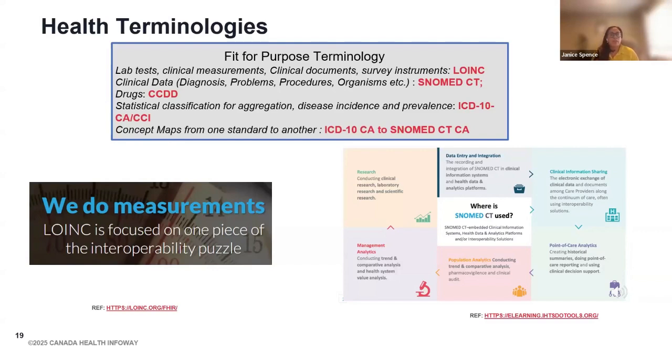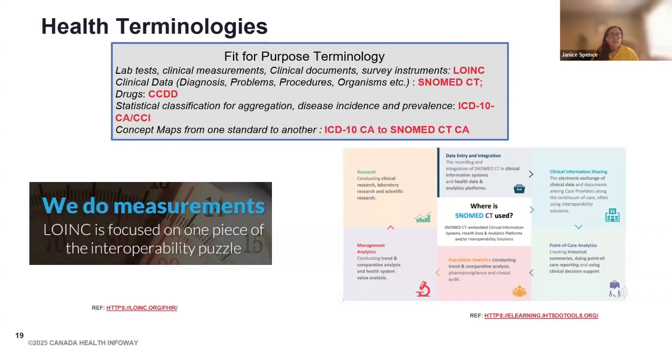There's no one health terminology that fits all. The relevance and importance of the terminology depends ultimately on your use case or your goal. So different healthcare terminologies will fulfill different distinct purposes. If you look at the key examples of use in Canada, for lab tests, clinical measurements, clinical documents, and survey instruments, there is LOINC and PCLOCD.